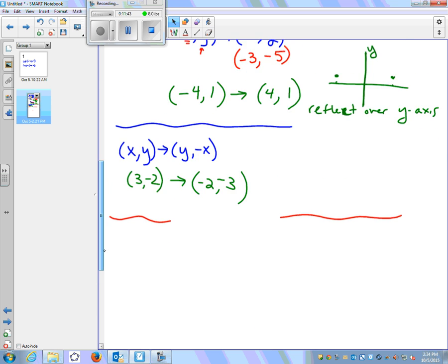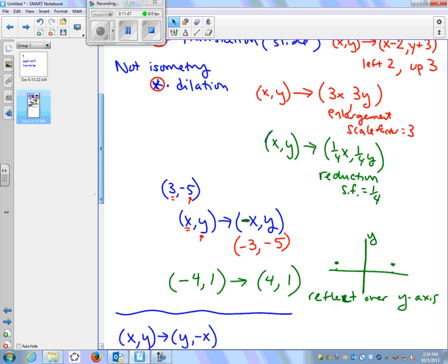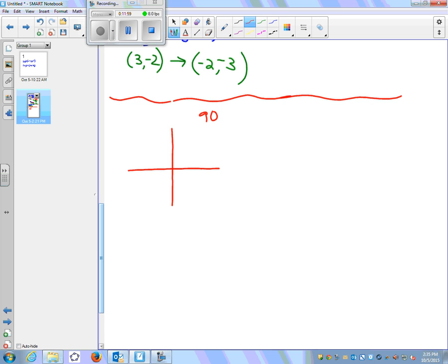Okay, so those are the general transformations. That's in general what you need to know. You might need to, on the coordinate plane, take a shape and do something to it. Remember 90 degrees counterclockwise is actually the positive 90, right?